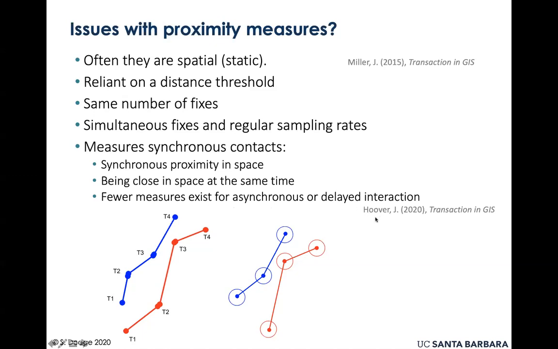A recent paper, again by Jed and Brandon and Jennifer, looked at delayed interaction, which is very similar to what I'm describing here as well. The idea is, if animals or entities are moving in the same space, can we measure the interaction between them based on the places that they go after a time delay, after a time lag? So they go to the same places with a time lag.